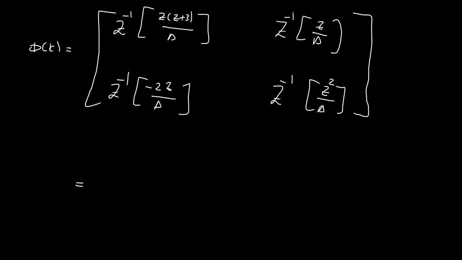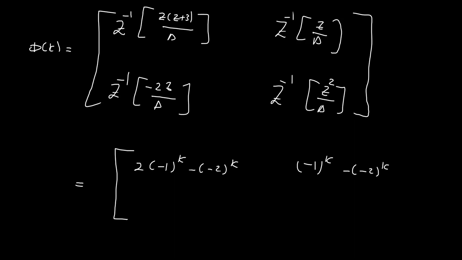If we do the math, this will equal 2 times (minus 1) to the power k minus (minus 2) to the power k, (minus 1) to the power k minus (minus 2) to the power k, minus 2 times (minus 1) to the power k plus 2 times (minus 2) to the power k, and finally here we have minus (minus 1) to the power k plus 2 times (minus 2) to the power k.